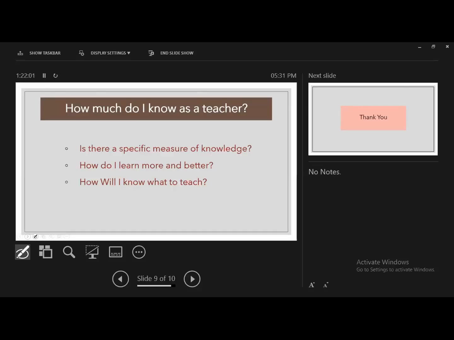On your own, you can always take additional training courses once you're done. Today, with the internet, you can go on an infinite number of sites and just learn new things. Knowledge is there. You just have to pick it and choose what you want. How do I learn more and better?